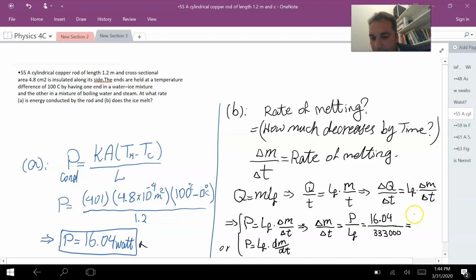It's 4.8 times 10 to negative 5 kilograms per second, which if you multiply by 1,000 will be 0.048 grams per second. So every second you have this amount, it gets melted.